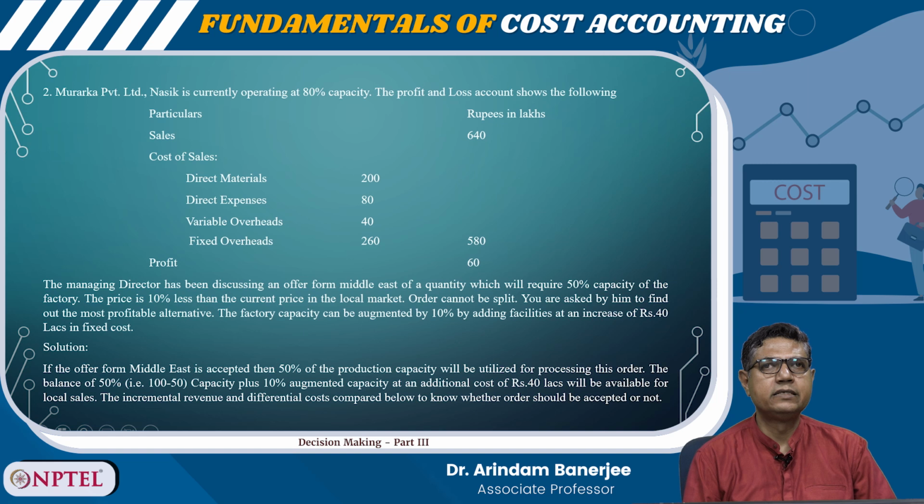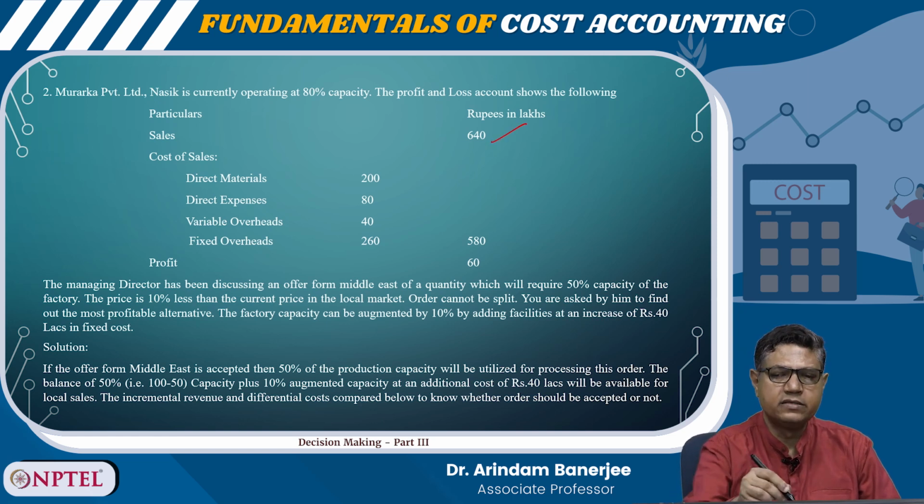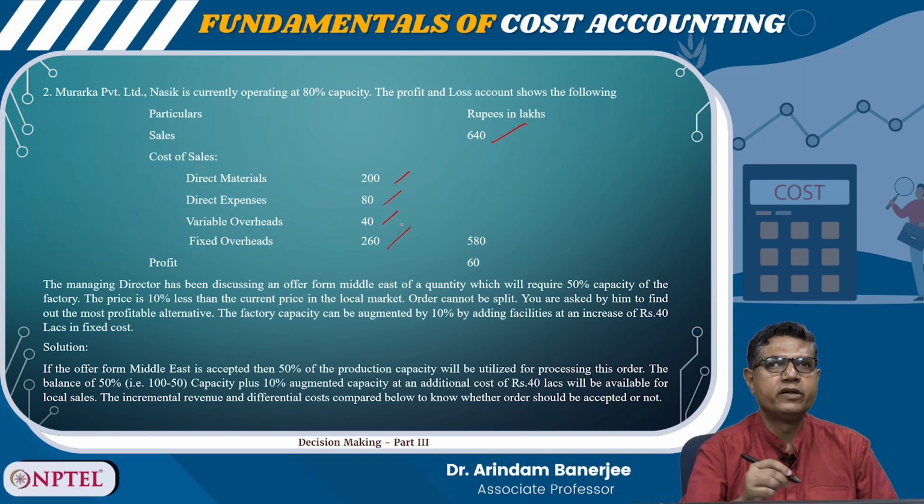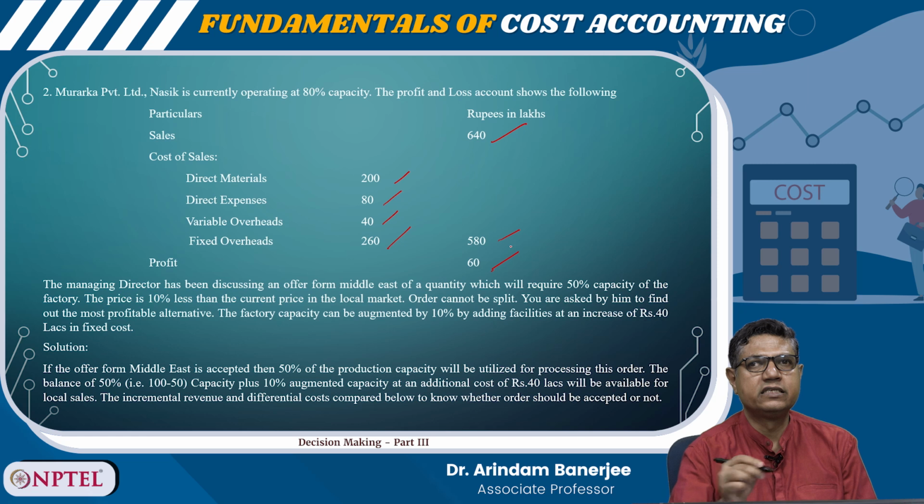Murarka Private Limited, Nasik, is currently operating at 80% capacity. The profit and loss account shows the following: sales rupees 640, and cost of sales: direct materials 200, direct expenses 80, variable overhead 40, fixed overhead 260. So, total is 580, so profit is 60.